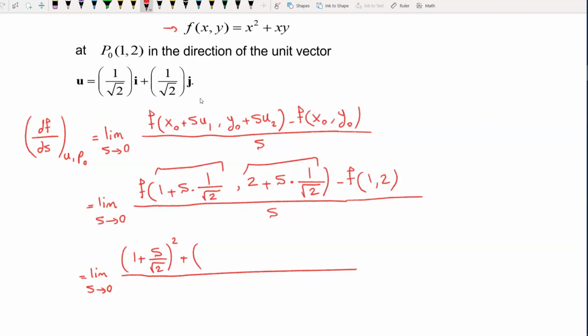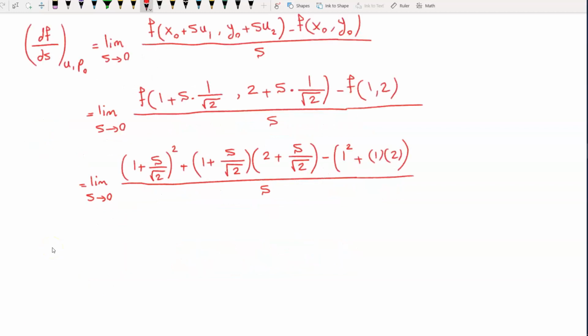So we have 1 plus s over square root of 2, squared, plus 1 plus s over square root of 2 times 2 plus s over square root of 2, minus, now for this part, f of 1 comma 2: here x is 1, so we have 1 squared plus x times y, so that's 1 times 2, divided by s, and this is equal to the limit as s approaches 0.